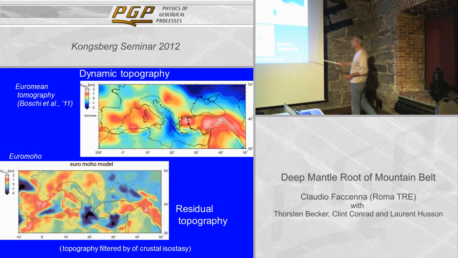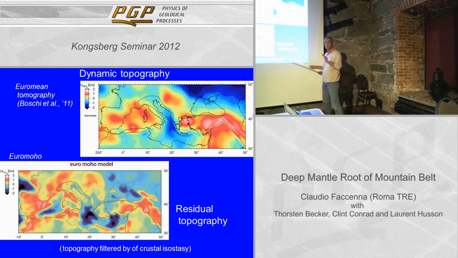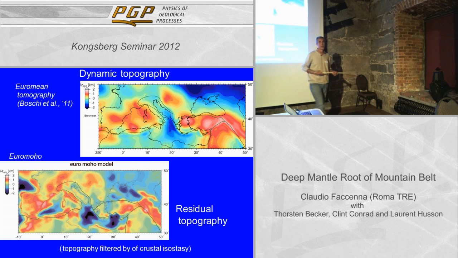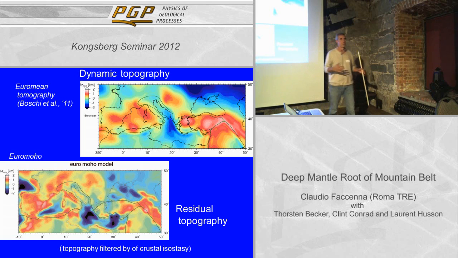Well, this is the residual topography. What is that? We just eliminate the isostatic component of the crust out of the topography. So the isostasy of the crust is eliminated, and this is what is left. So all these patches should be topography that is related to the mantle, either lithosphere or sublithospheric mantle.